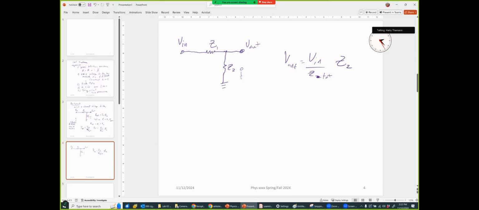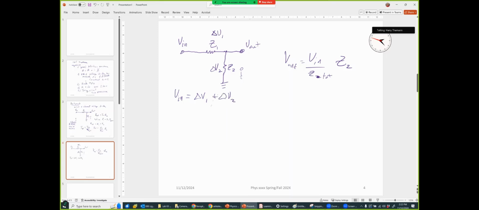Because, remember, it's series, right? So the basic circuit rules said that we have a delta V1 and a delta V2, and V in has to equal delta V1 plus delta V2.